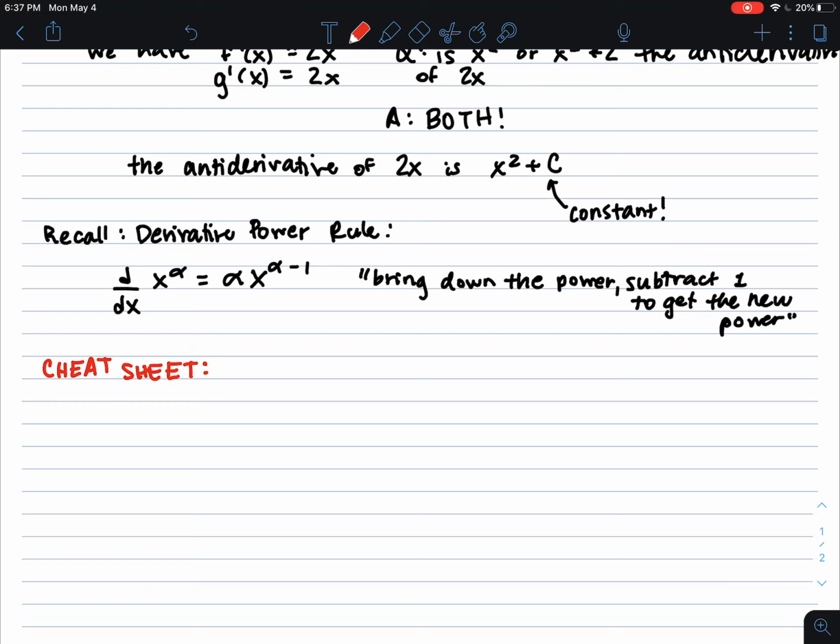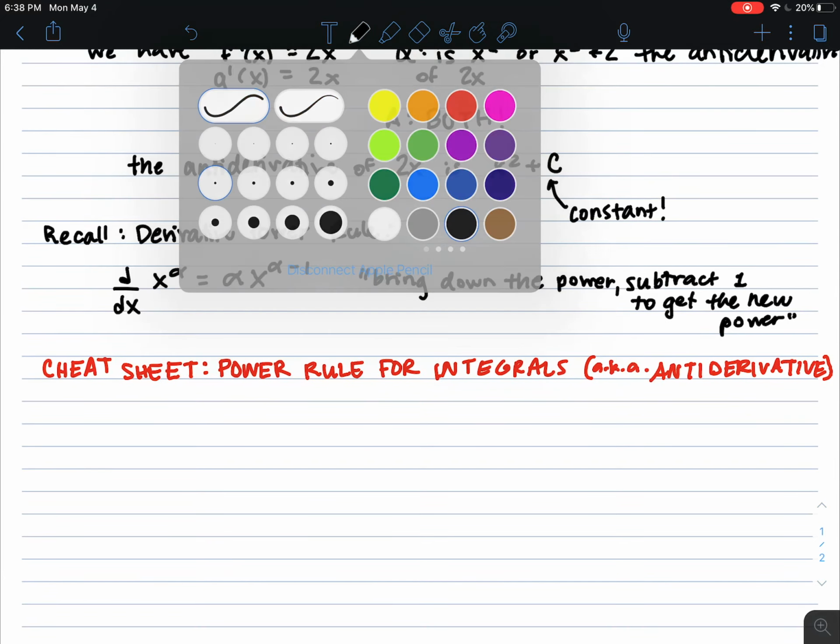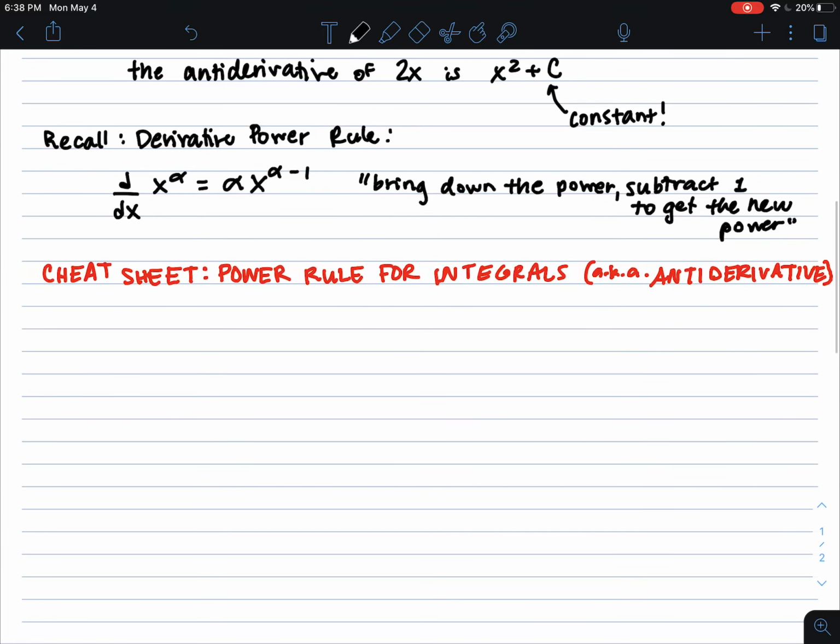And it is the power rule for integrals. Which, again, is the same as an antiderivative. And this has some interesting notation, but I will walk you guys through it.